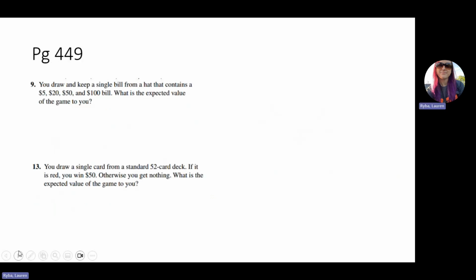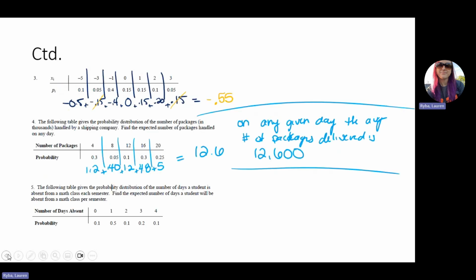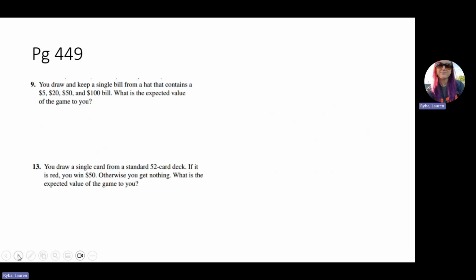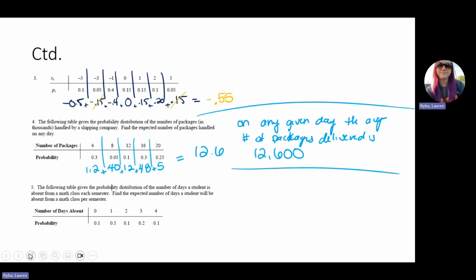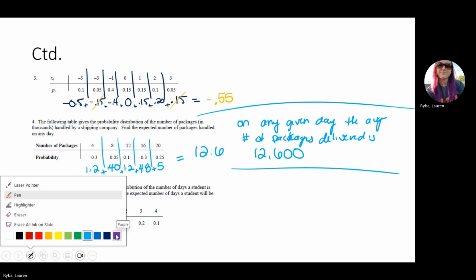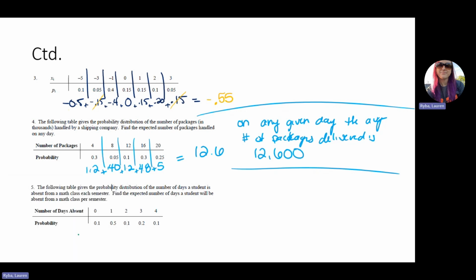All right, let's see. We'll do one more real world example here, and then we'll look at some where we don't get the table to start with, where we're going to have to create our own table. So this table says the probabilities for the numbers of days of absence for students in a math class each semester.